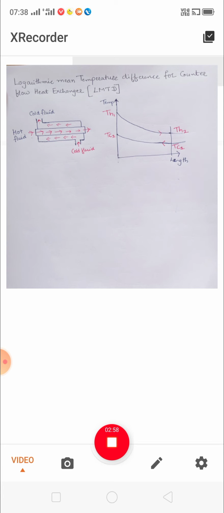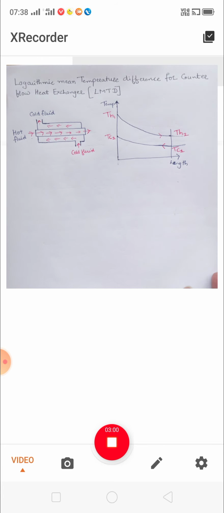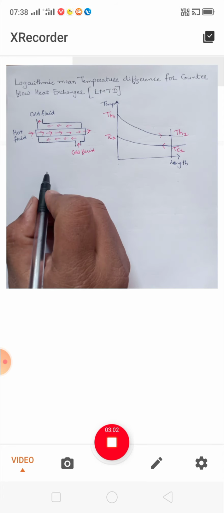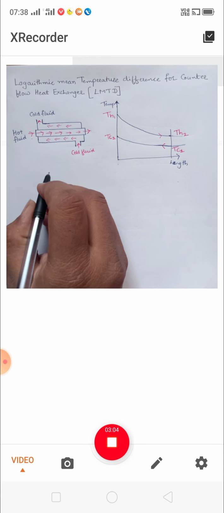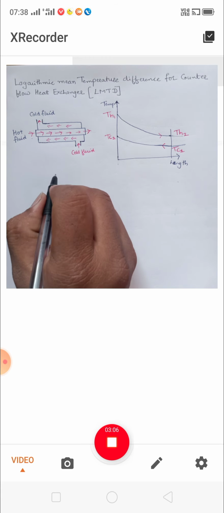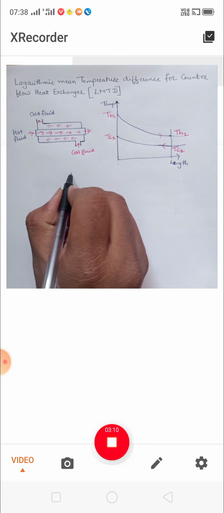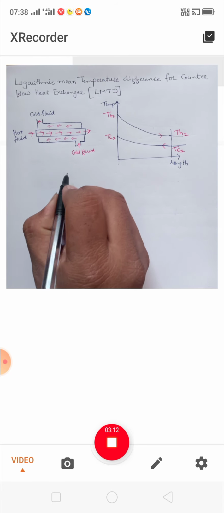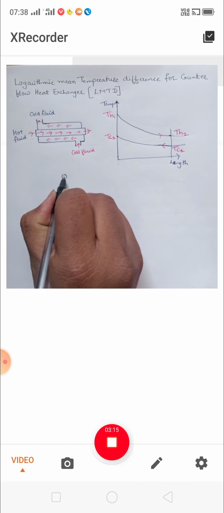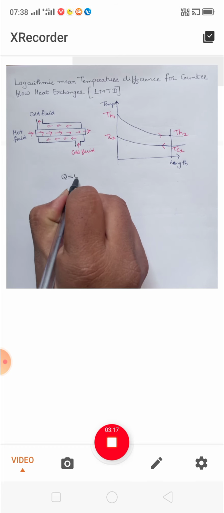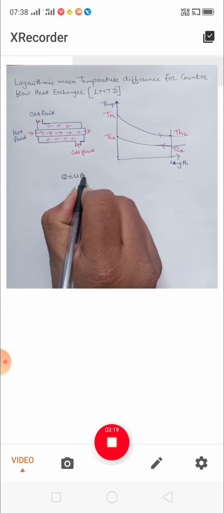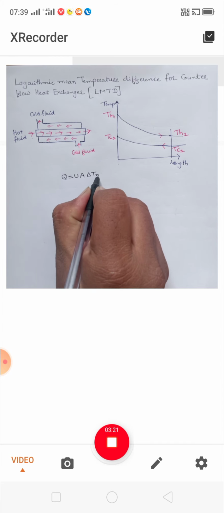Now our main desire is to get an expression for the rate of heat transfer for this counterflow heat exchanger in the following form, that is Q is equal to U into A into delta Tm.